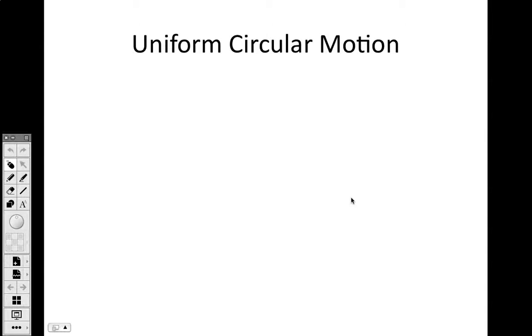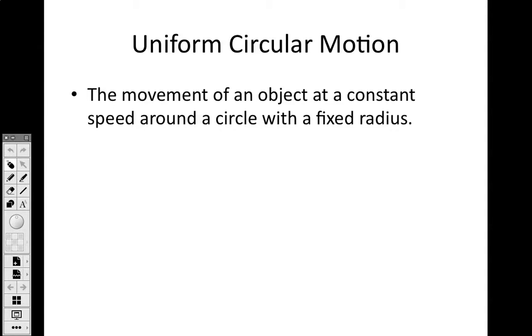Okay? So in terms of uniform circular motion, whenever you hear the word uniform, you ought to be thinking of something along the lines that everything is doing the same thing, or there's something constant about it. And that's what we see here in uniform circular motion. It's defined as the movement of an object at a constant speed around a circle with a fixed axis.